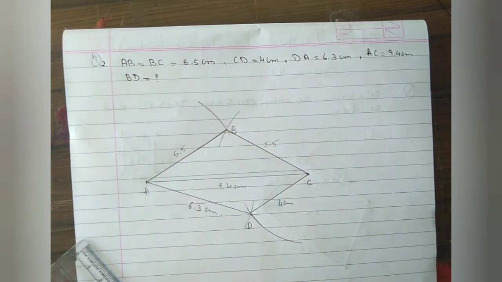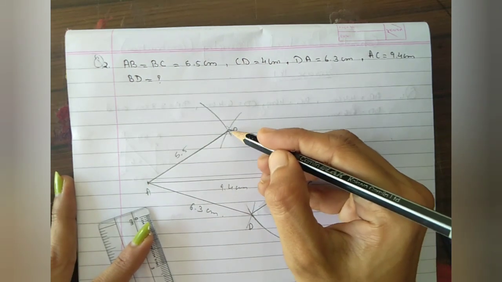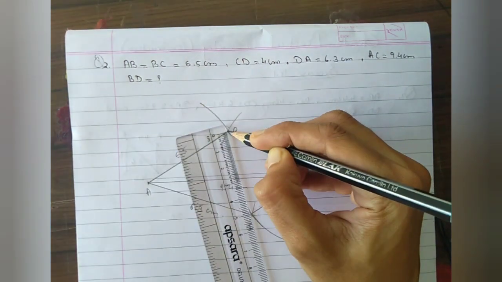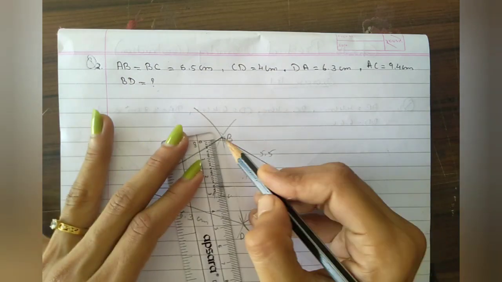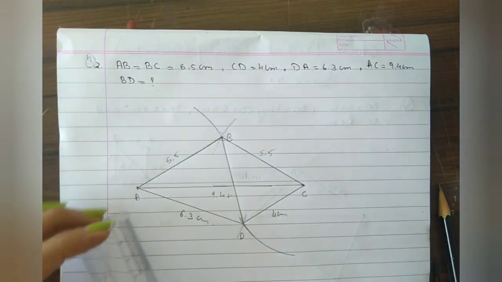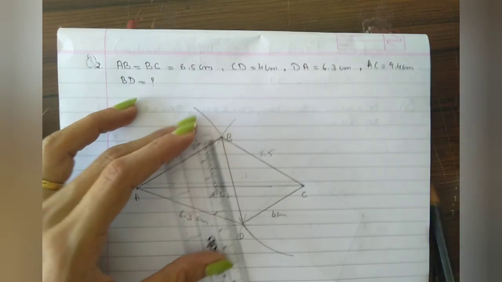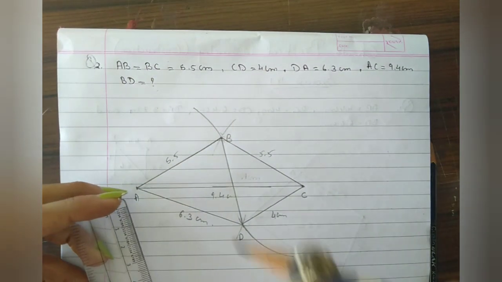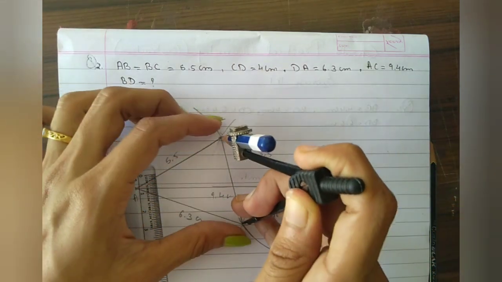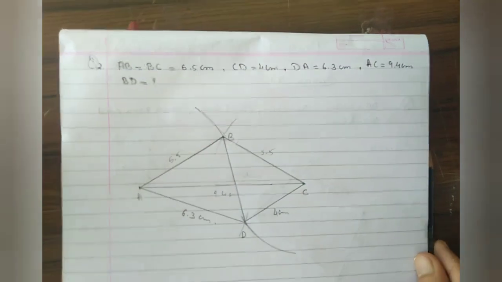Completed. What we have to do, we have to find BD. So we will join this BD. For finding, join BD. We can measure with the scale the measurement of BD, or we can take a measurement on rounder BD and see in the scale, that is 5.1.